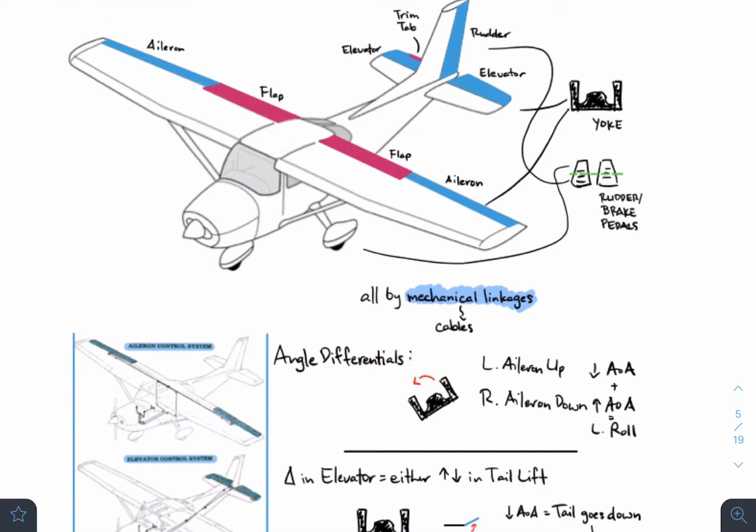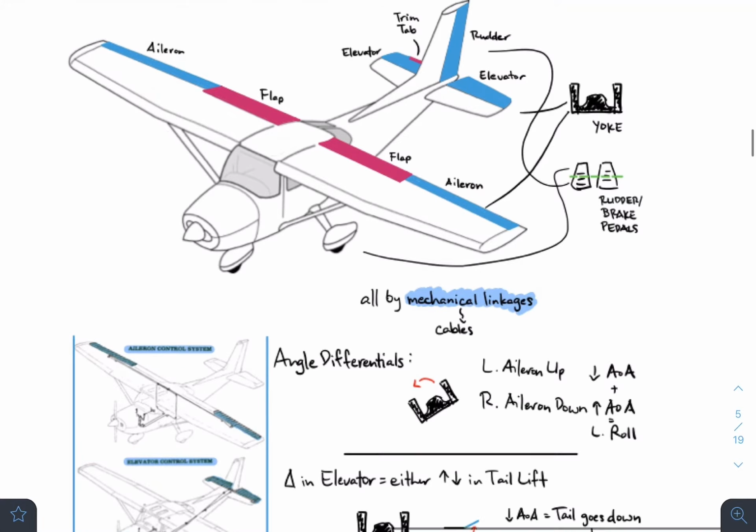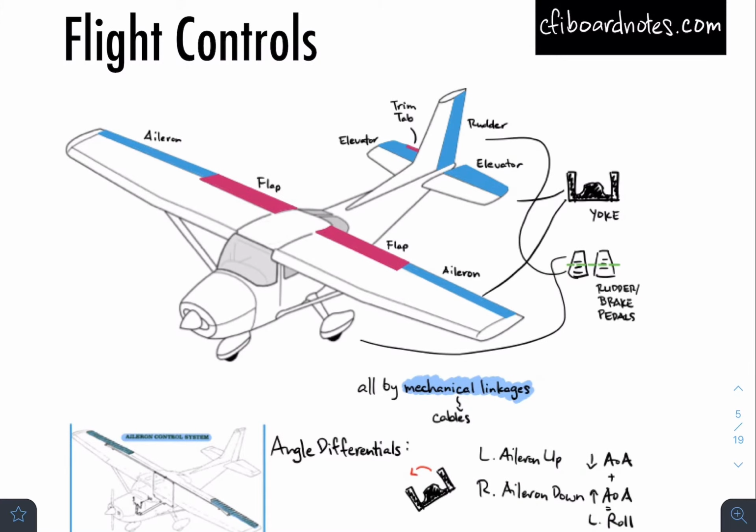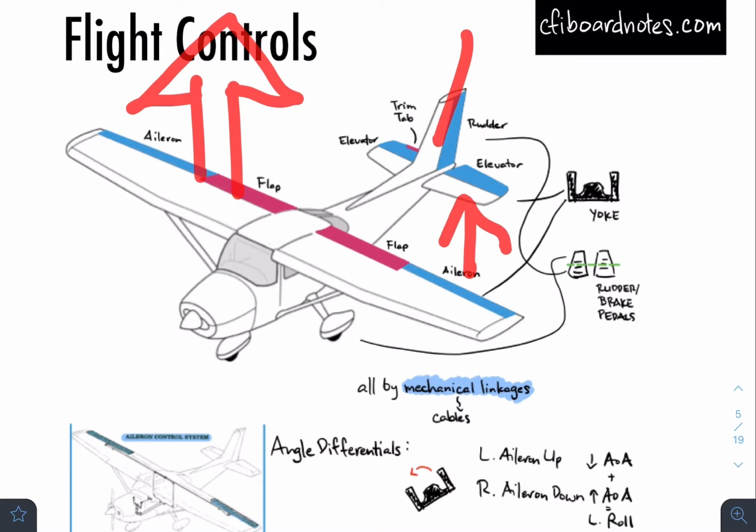What that does is that it allows the left aileron to go up and allows the right aileron to go down. What that does is that it creates a difference in the angle of attack, right? So you're going to have a much higher angle of attack over here as opposed to a smaller angle of attack.